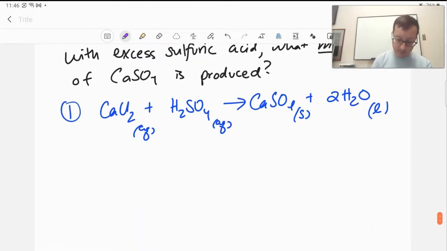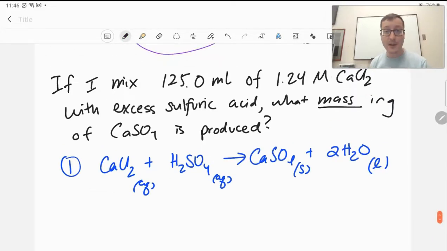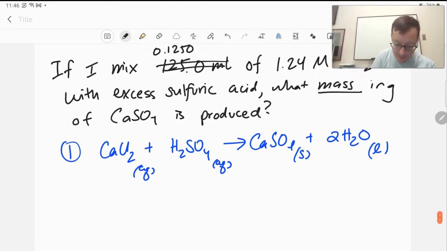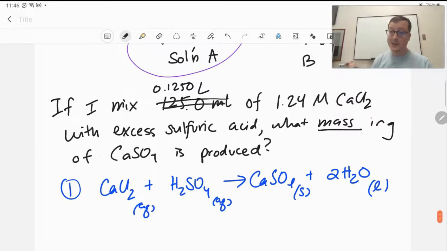All right, so now that we have that, we're going to want to use the molarity. Molarity, however, is moles per liter. We don't have liters here, so we'll just immediately fix that. There we go. Problem solved. Going from milliliters to liters should be something you can do in your head. It's a very simple calculation, divide by 1,000.